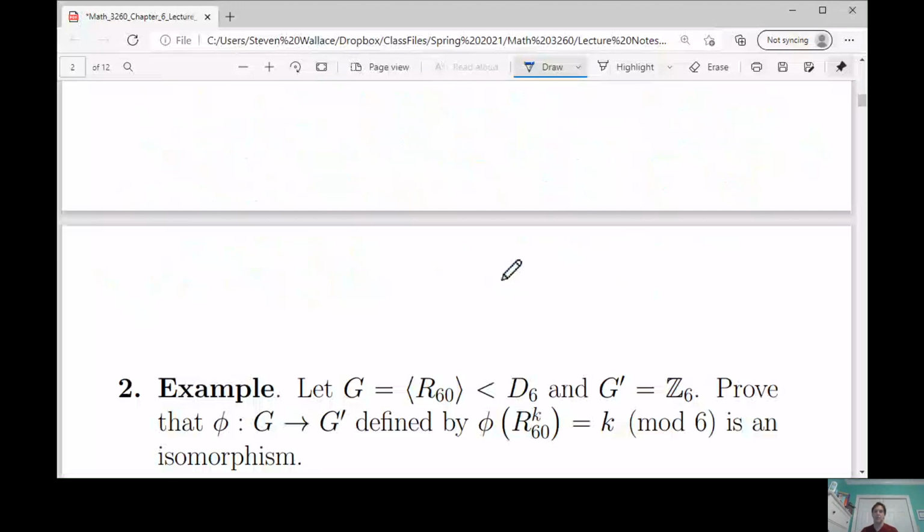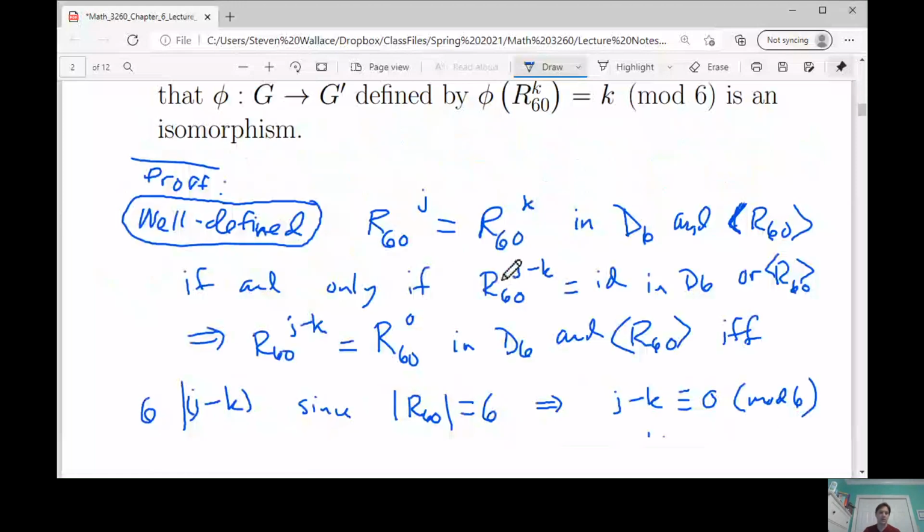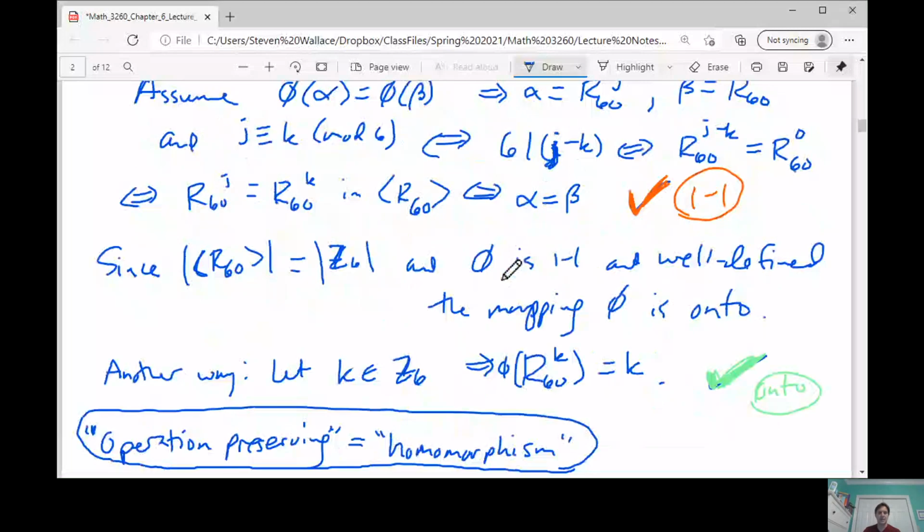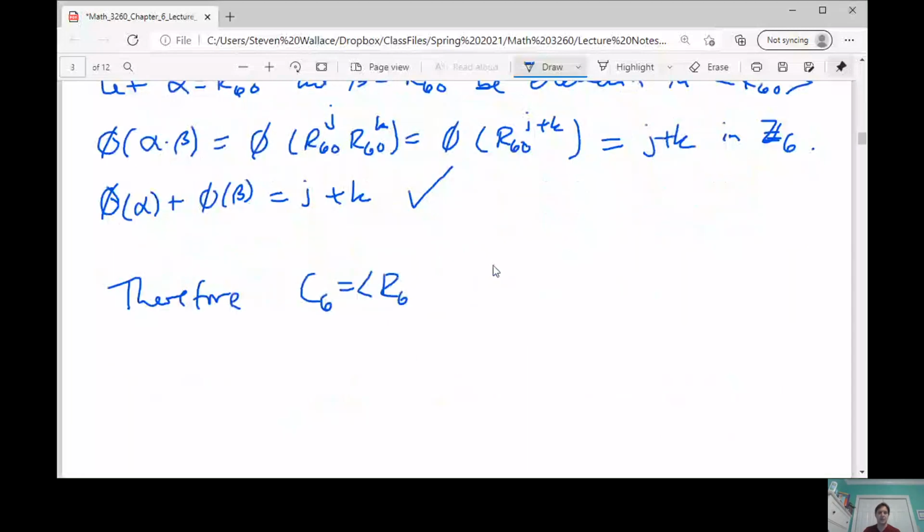So this is saying, therefore, C6, which is what we called this thing from chapter 1, is isomorphic to the group of integers mod 6, okay?